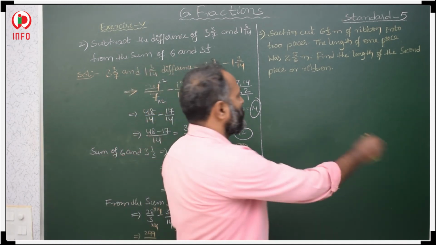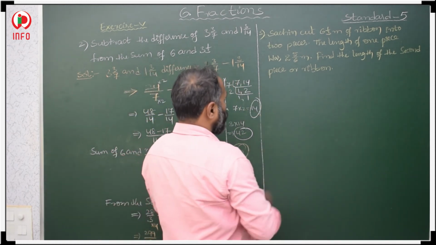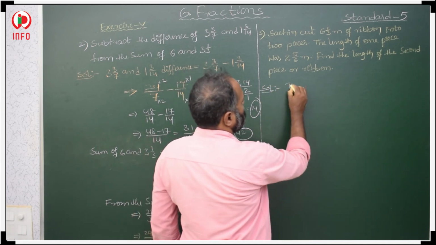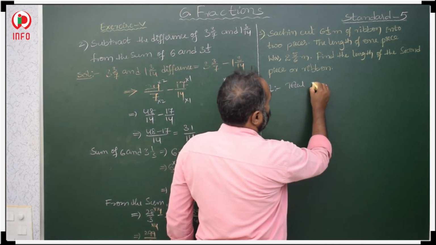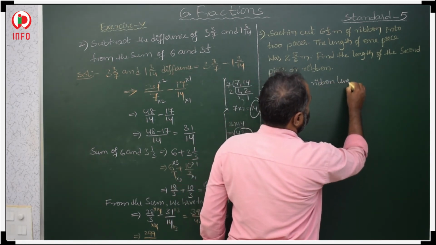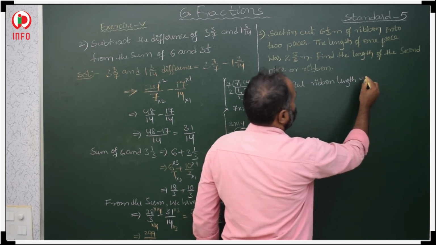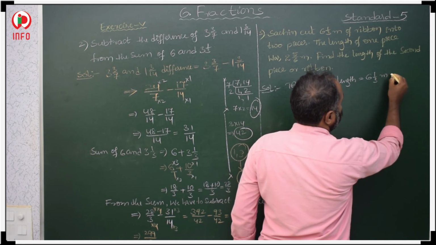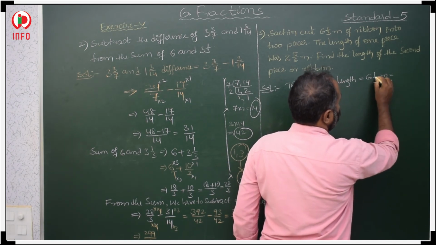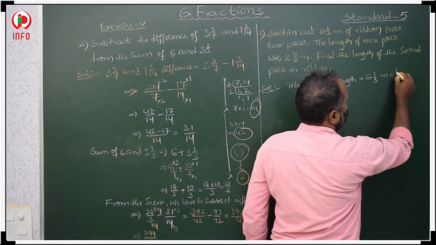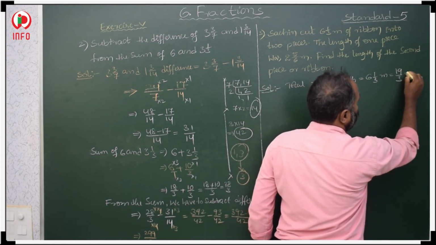Okay, students, see here. First step, total ribbon length is equal to 6 1/3 meters. If you change this 6 1/3 into improper, then 3 6s are 18 plus 1, 19/3 meters.